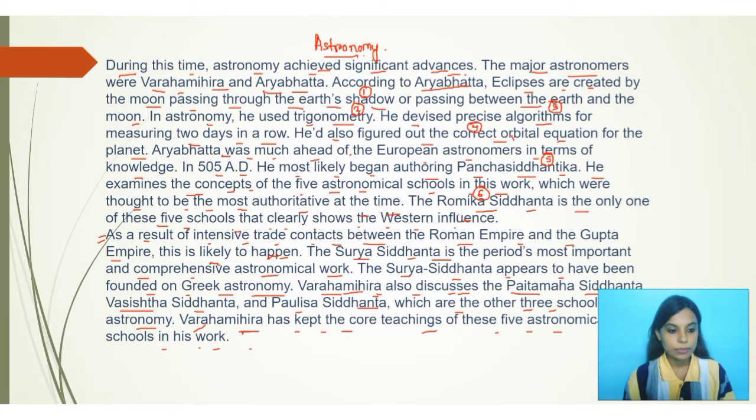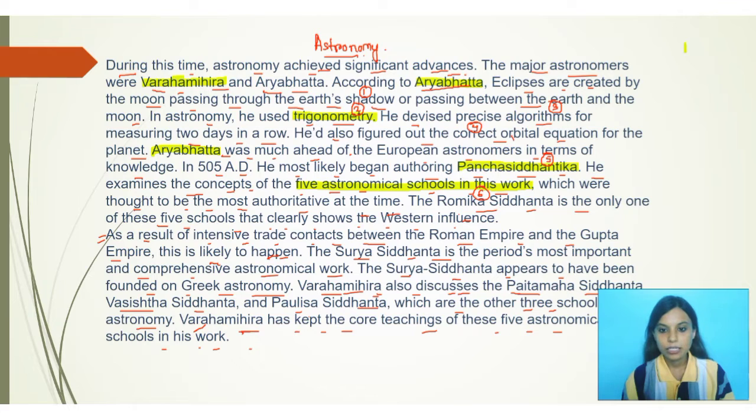So let me highlight the points that you can include over here. You can talk about Aryabhatta and the things that he discovered in the field of astronomy, trigonometry. Then you can also talk about Varahamihira, the Panchasiddhantika, and the five astronomical schools in this work.